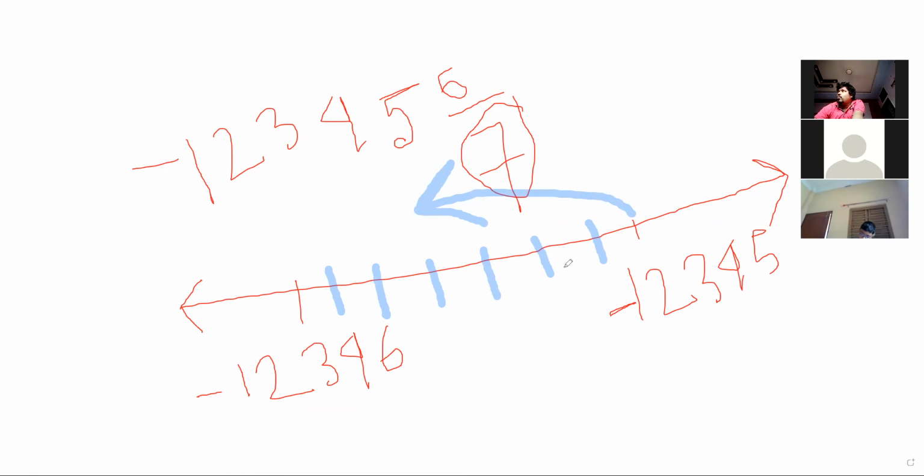Then this will be 1, 2, 3, 4, 5, 6. So this will be minus 1, 2, 3, 4, 5, whole 6 by 7, and the sign is negative. So this will be the representation of the point. Everyone clear? Understand, everyone?